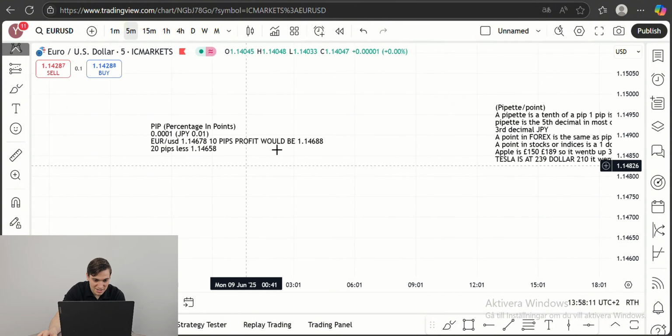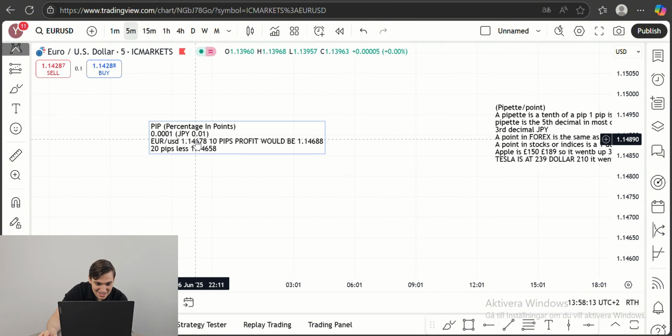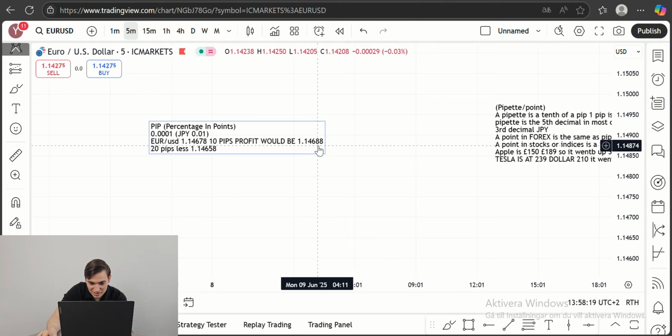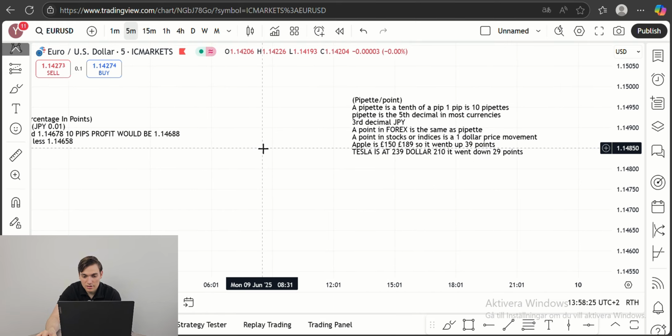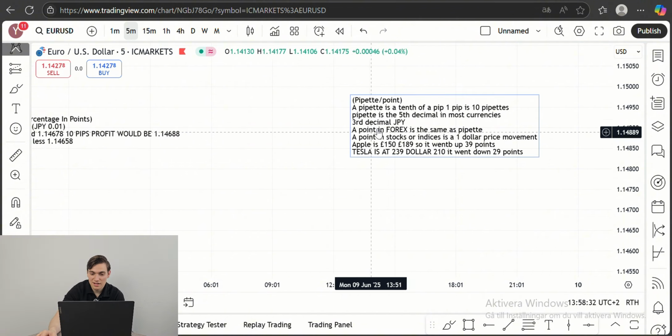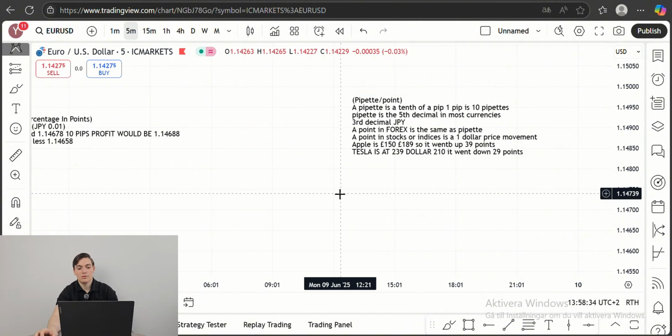So if you go back to this example right here, you can see that the pip is the 7, the pipette is the 8. Okay, here the same, the pip is the 8, pipette is the 8. And that is always, it's just the fifth decimal. And when it comes to the Japanese yen, it's the third decimal.